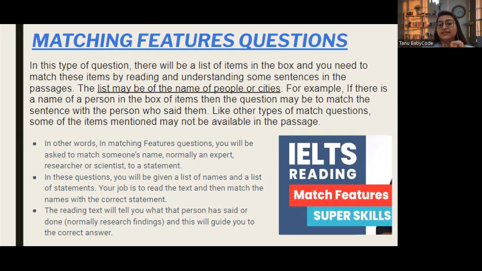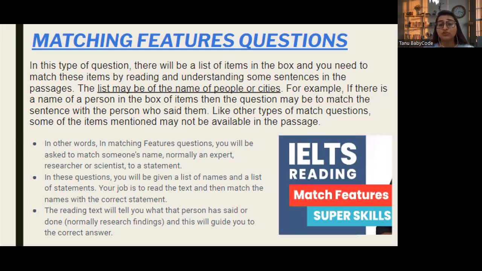In other words, in matching features you will be asked to match someone's name, normally an expert, a researcher, or a scientist, to his statement, whatever he conveyed or said in the passage. Secondly, you will be given a list of names.